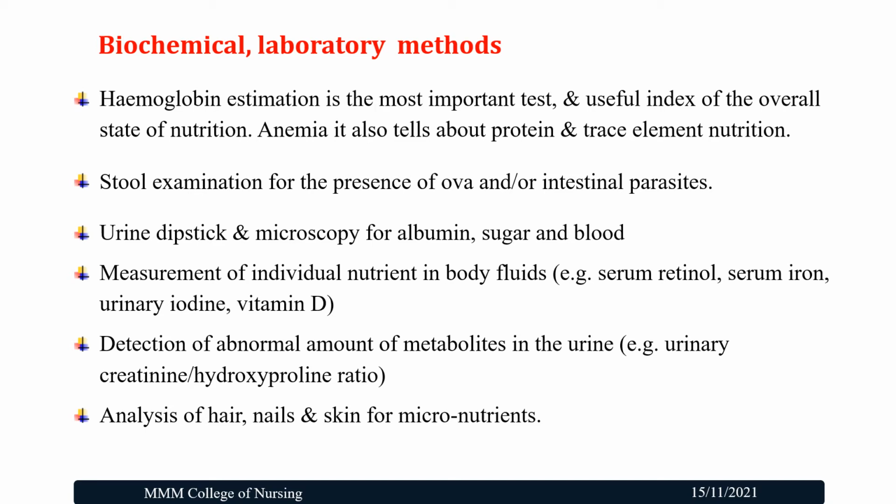Measurement of individual nutrients in body fluids like serum retinol, serum iron, urine iodine, vitamin D, etc. And the detection of abnormal amounts of metabolites in the urine, and analysis of hair, nails and skin for micronutrients. These are the methods to identify the nutritional assessment of the individual.